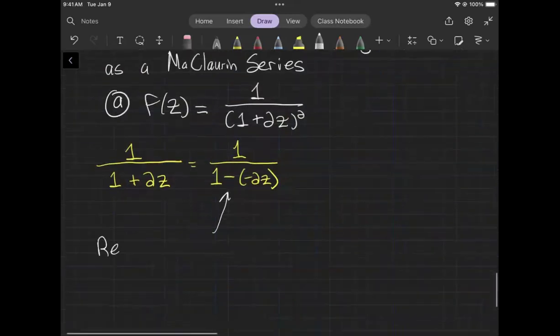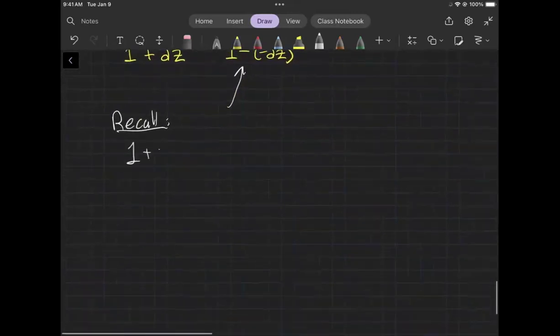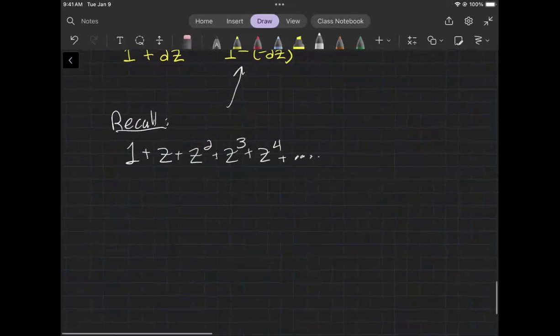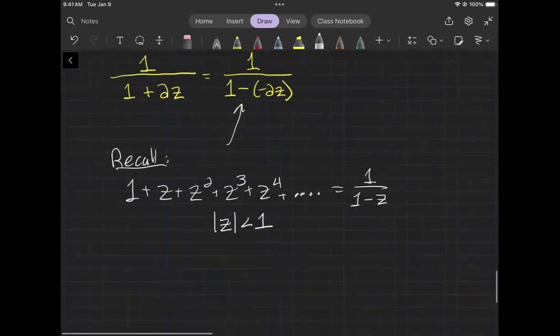So as you recall, the series 1 plus z plus z squared plus z cubed plus z to the fourth plus yada, yada, yada equals 1 over 1 minus z, as long as the absolute value of z is less than 1.